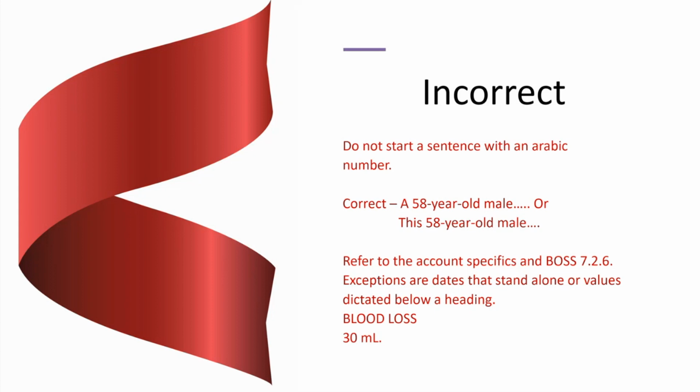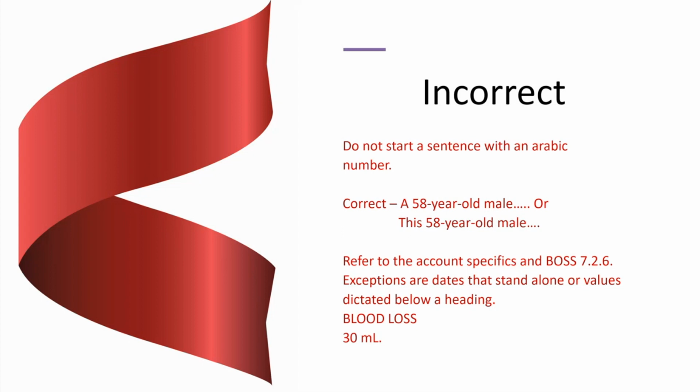Remember, if the number represents a dosage or a lab, the sentence will need to be recast. So if the doctor said the number before the lab reading, like 28 sodium, which would be a very strange thing to say, but if he did, we would recast that to say sodium 28.